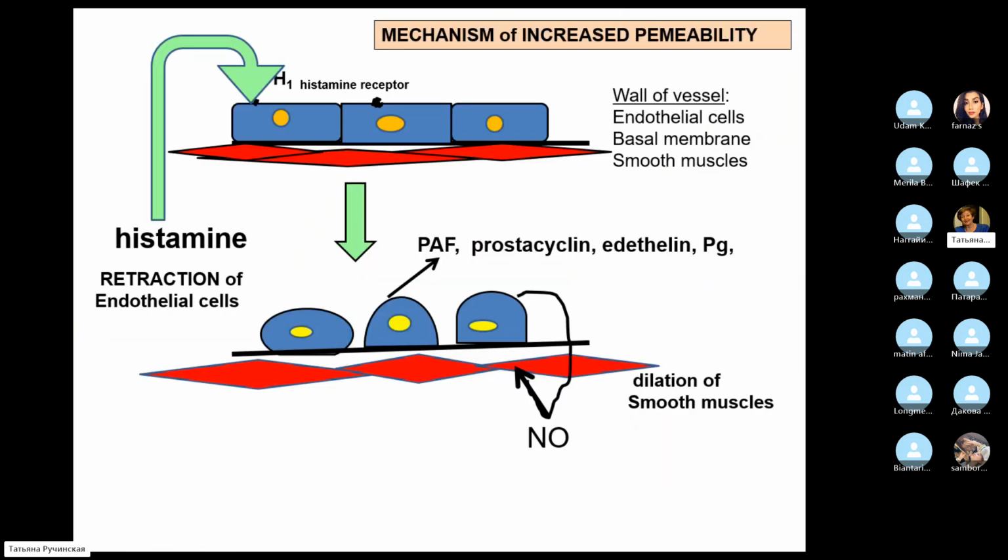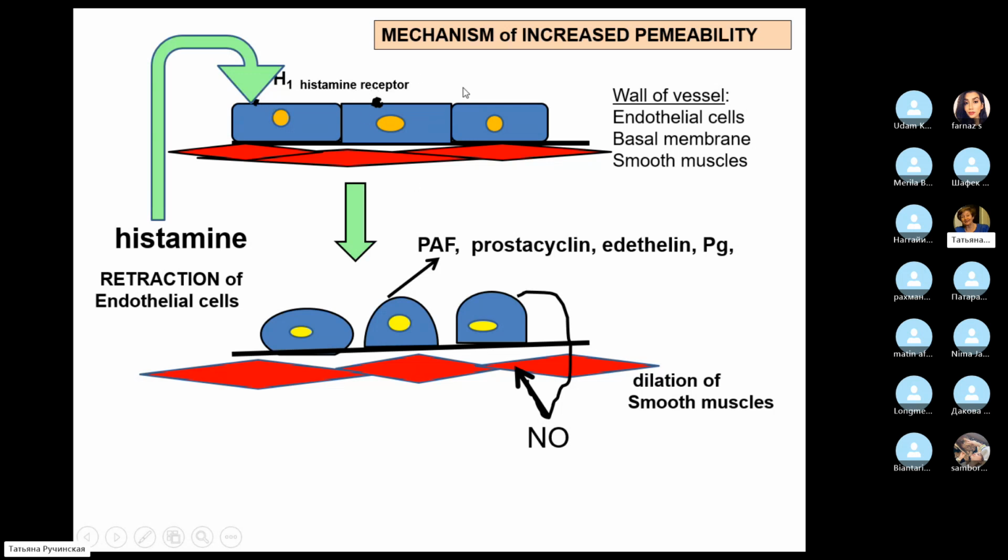What is the mechanism of increased permeability? Histamine, which is released from the granules of mast cells after degranulation, comes inside the vessel and binds to H1 histamine receptors, which are located on endothelial cells.